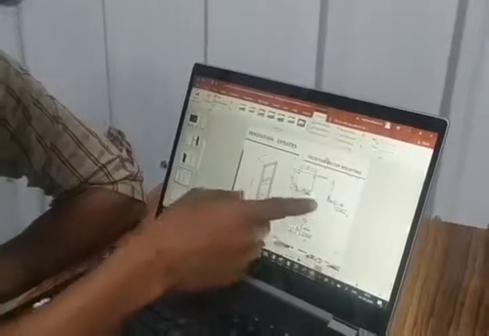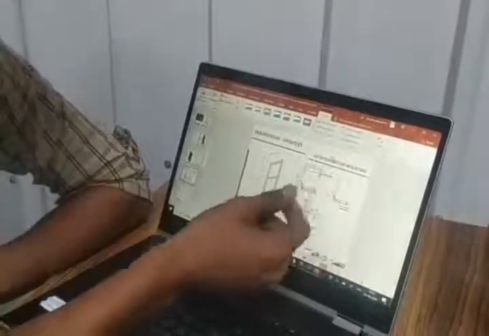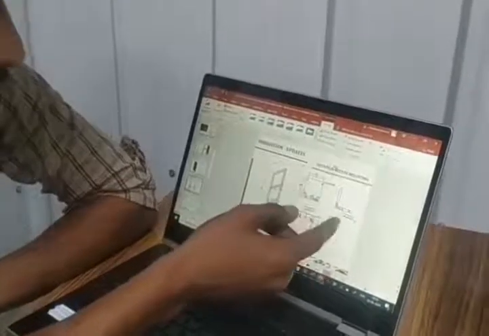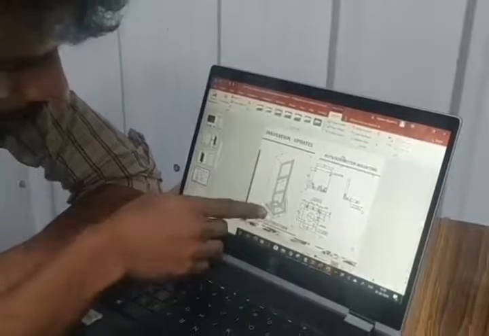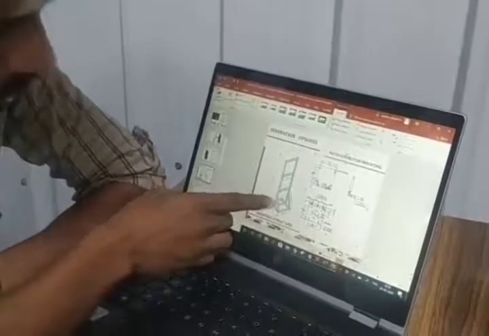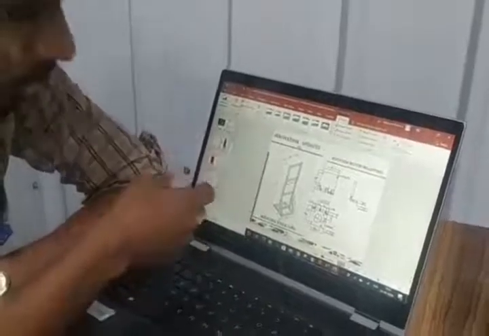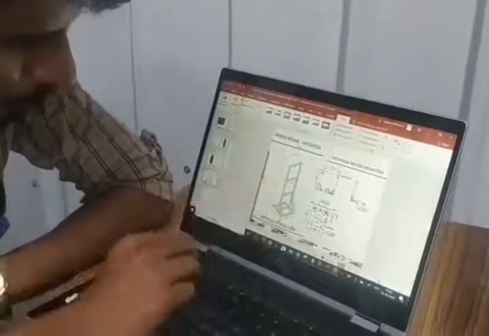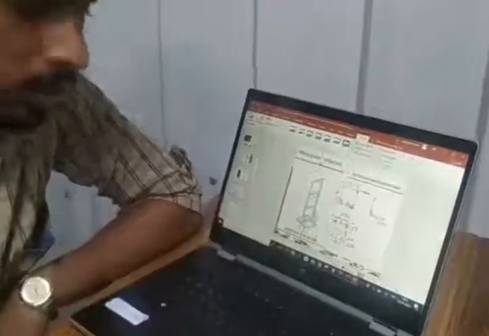Here we made two materials and we join them in an L shape using grub screws and Allen bolts. It will be a square tube, not a bar, because the weight will be reduced, and casting is cheaper than the rod.